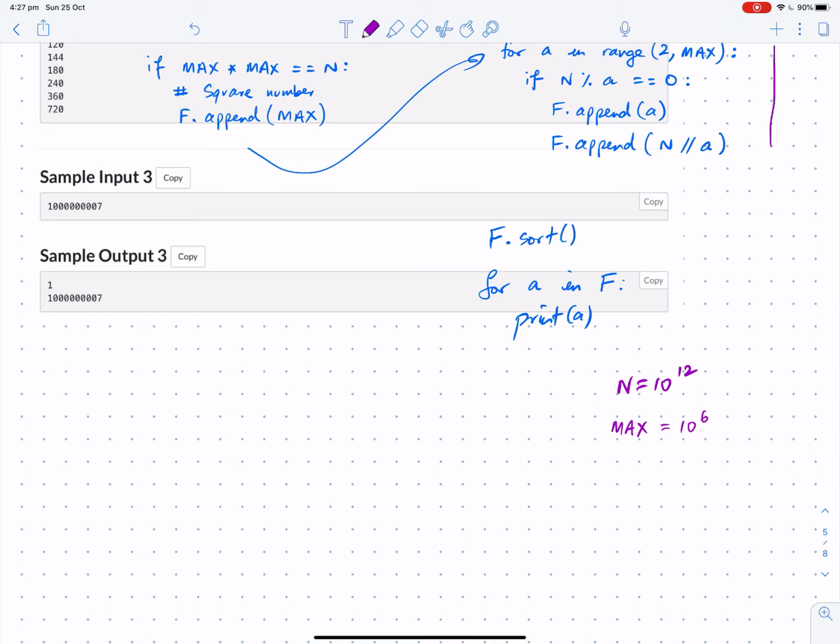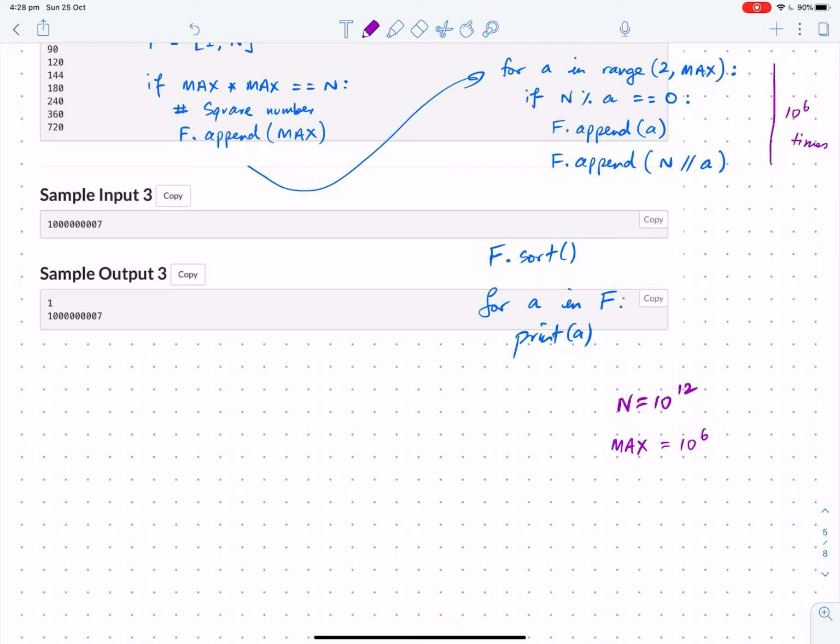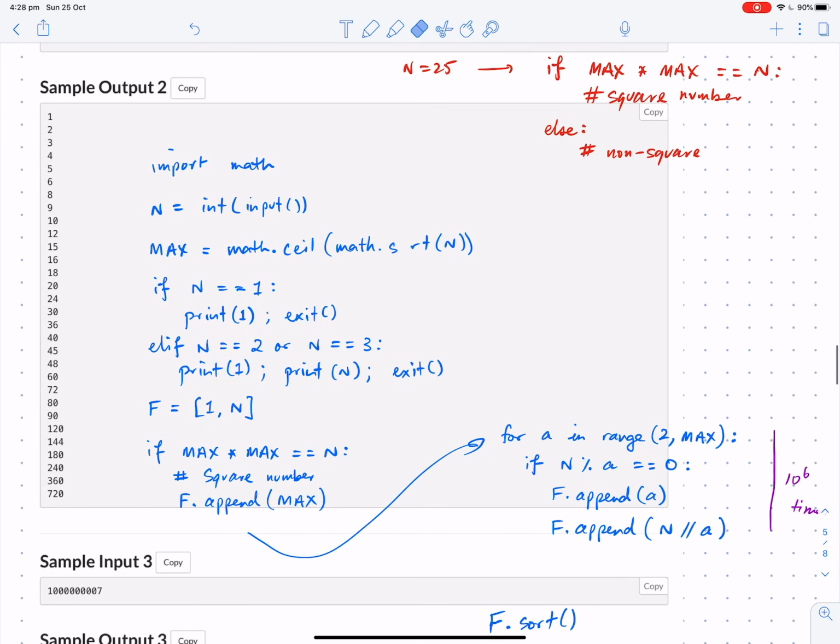And so we'd be doing 10 to the 6 times. Now I said that, well, I don't remember exactly what I said, but in rough terms, we can ask a computer to do about 10 to the 8 things per second. So we're covered here. We're doing simple things up to 10 to the 6 times. So this will work. All right, so give that a go.